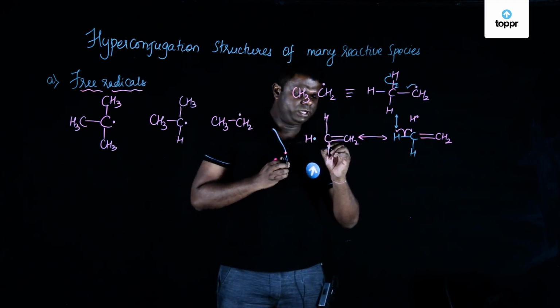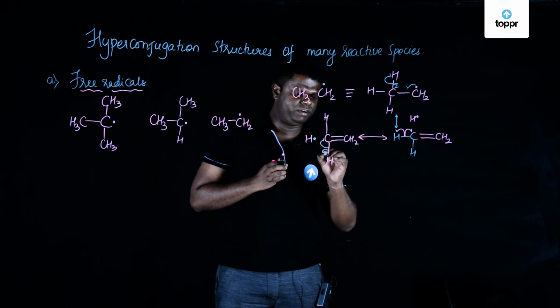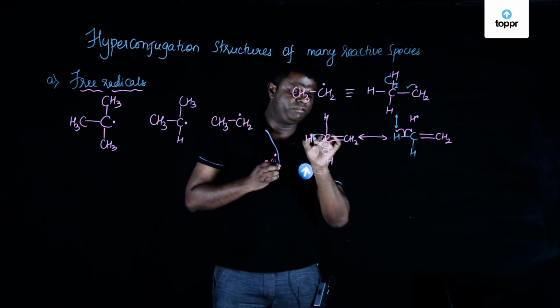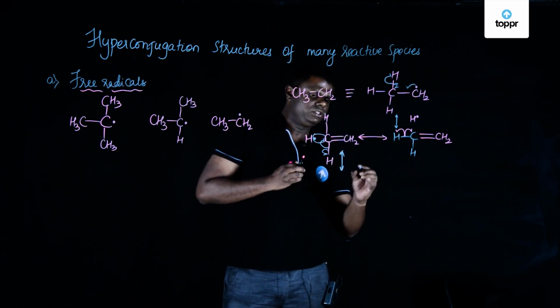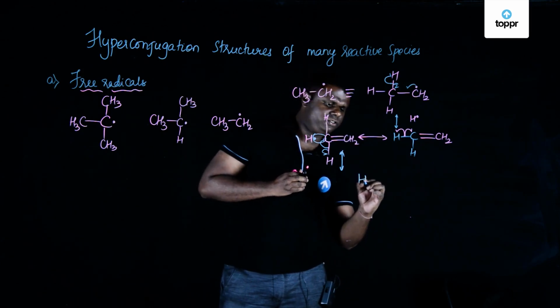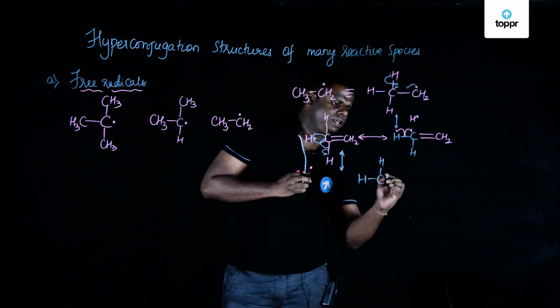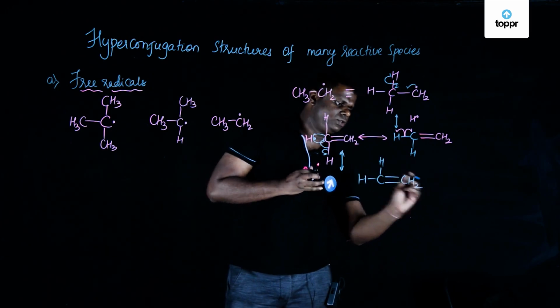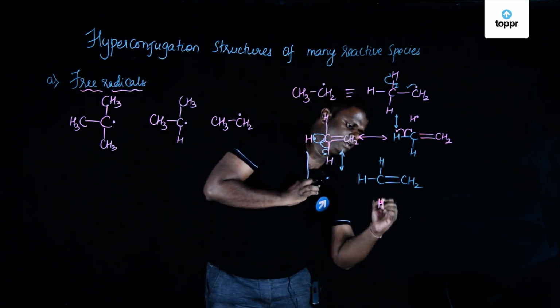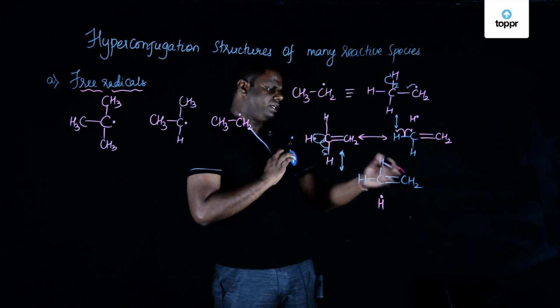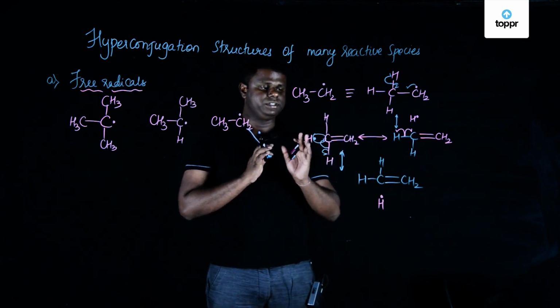Now, this would undergo homolytic fission, one electron shifts here, one electron shifts here. Two electrons would be forming a bond, and I would get the third hyperconjugation structure. So I'll be getting something like H, C, H, double bond CH2. Now, there would be a hydrogen radical over here, correct. So this is basically the hyperconjugation effect.